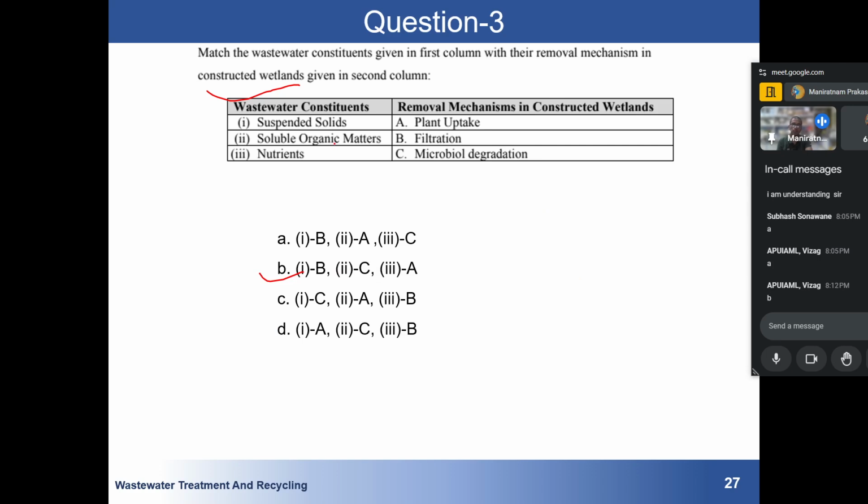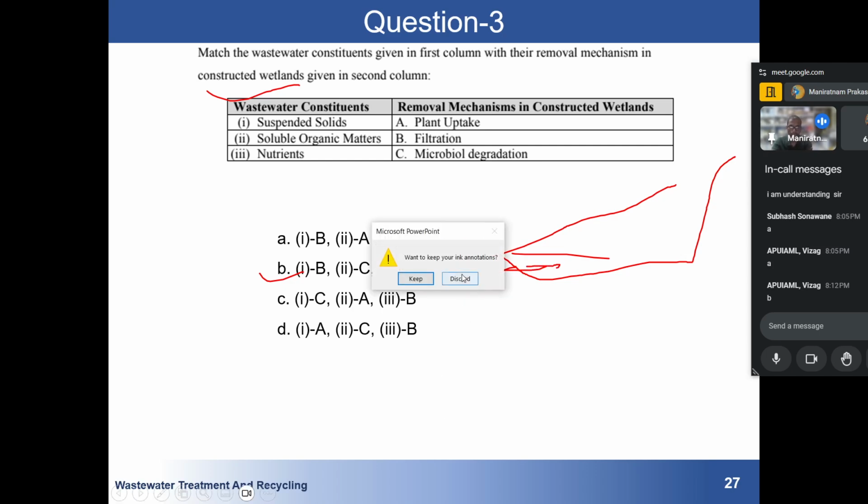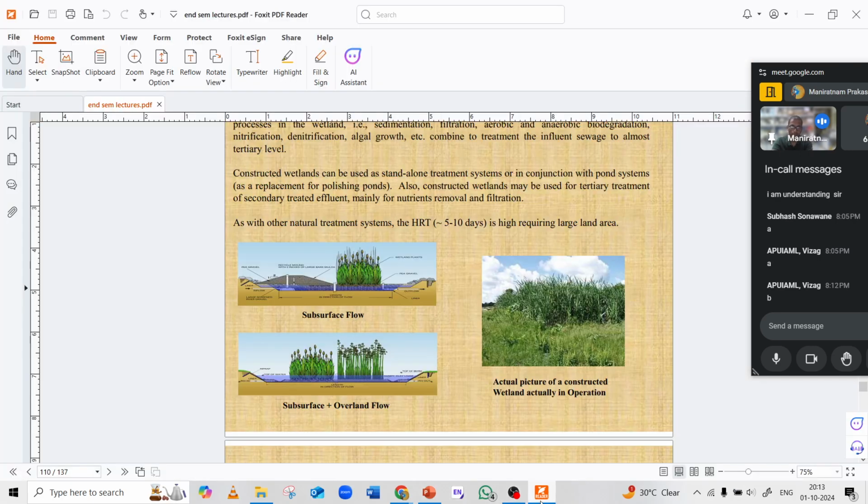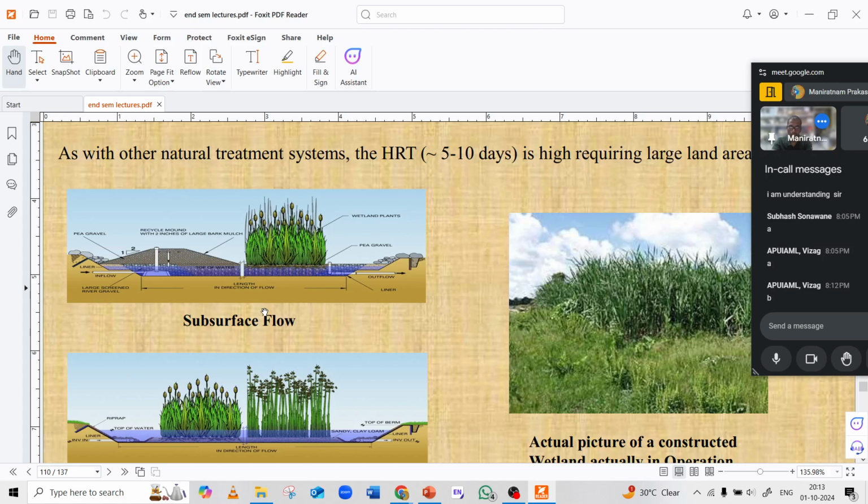Because, remember, our system was like this. There were gravels and all these things, and water was passing from one direction to another. Here you can see that as the water passes, the organic matter will be degraded by microbial activity.